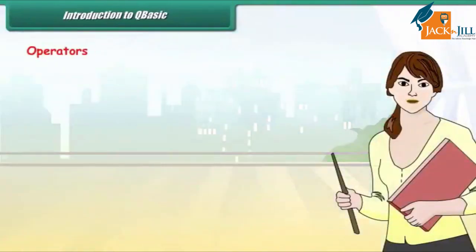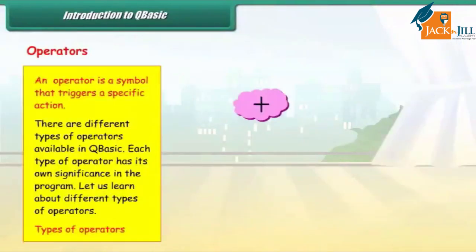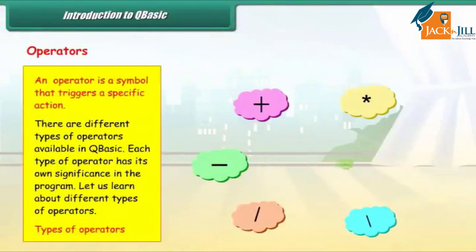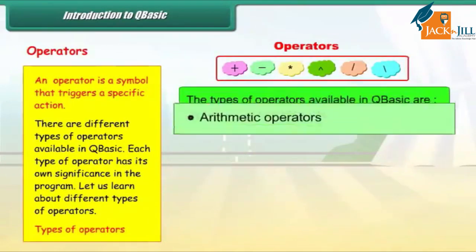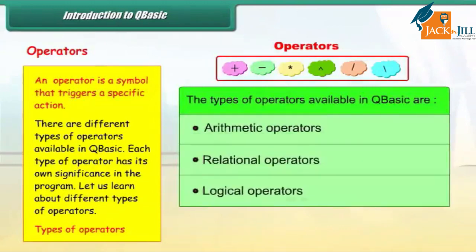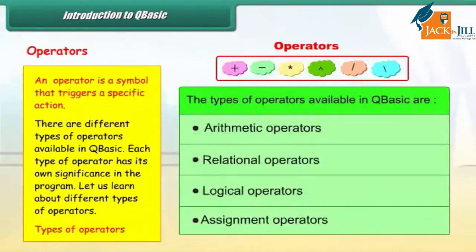An operator is a symbol that triggers a specific action. There are different types of operators available in QBasic. Each type of operator has its own significance in the program. Let us learn about different types of operators.